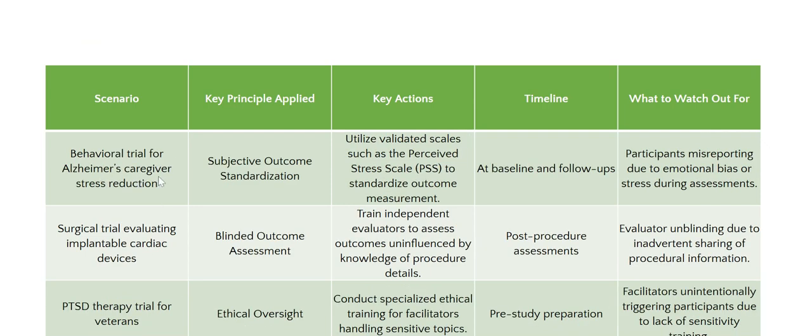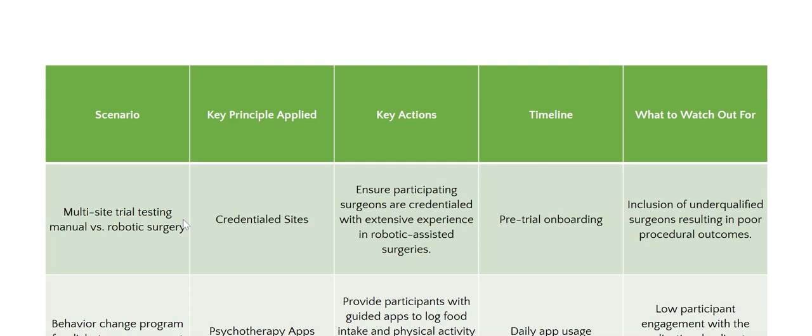Behavioral trial for Alzheimer's caregiver stress reduction, surgical trial evaluating implantable cardiac devices, PTSD therapy trial for veterans, post-op recovery monitoring with wearables. Continuing with scenarios, multi-site trial testing manual versus robotic surgery, behavior change program for diabetes management.